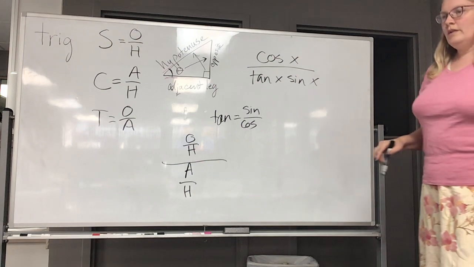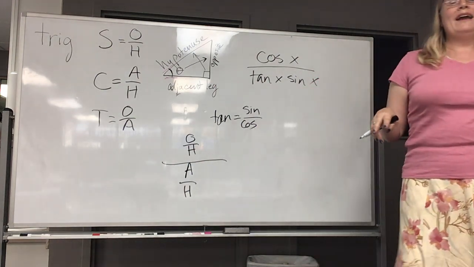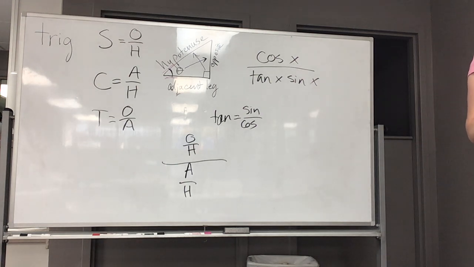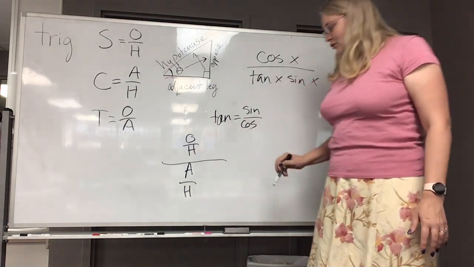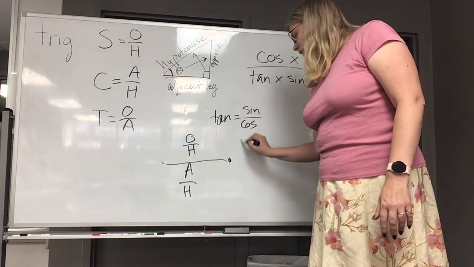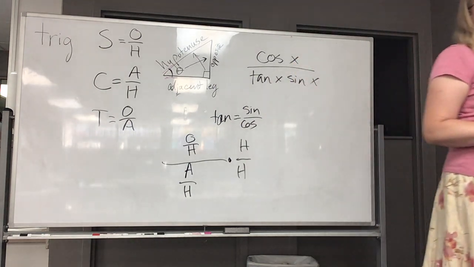And so, with fractions, equivalent fractions or equal fractions are any time we multiply the top and the bottom by the same thing. And so here, both of these are divided by h. We're just going to multiply times h over h, or hypotenuse over hypotenuse.